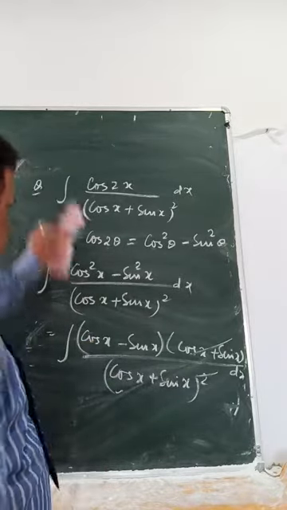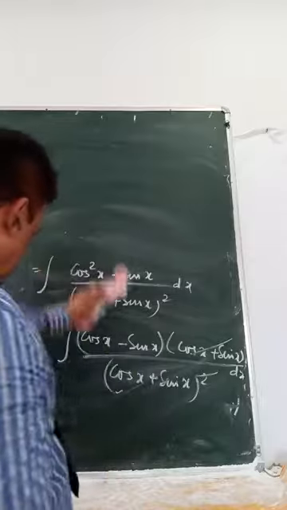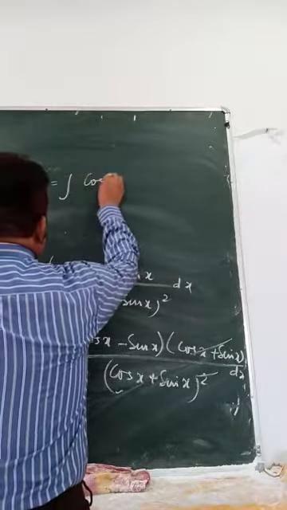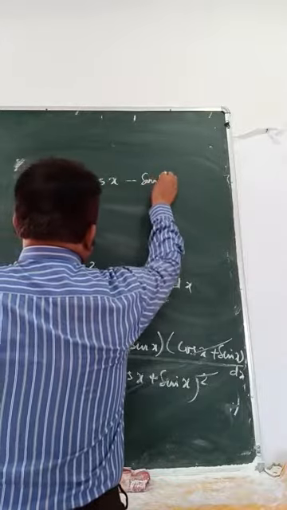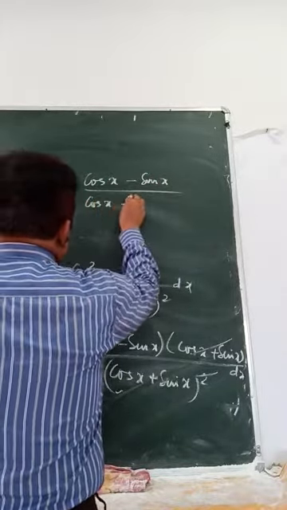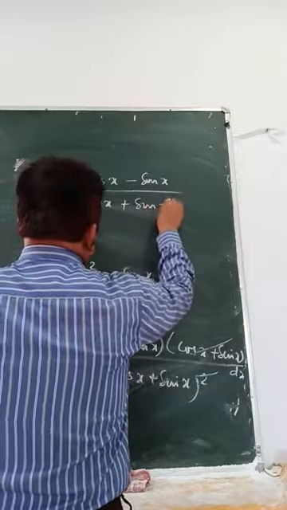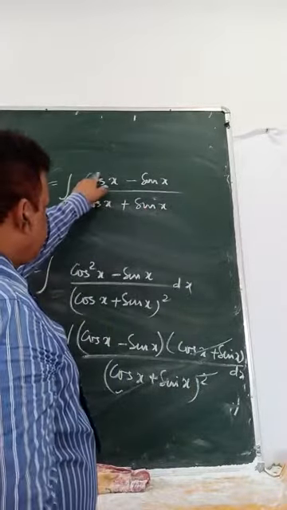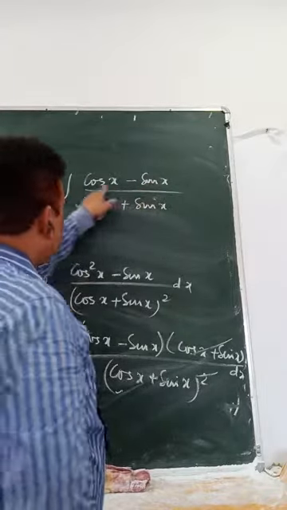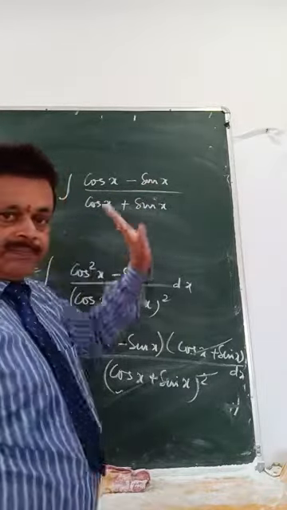If you need, I can write one line for you, but even then you can be clear from here. Cos x minus sin x is the derivative of cos x plus sin x. Means this is f dash x, and this is f x.